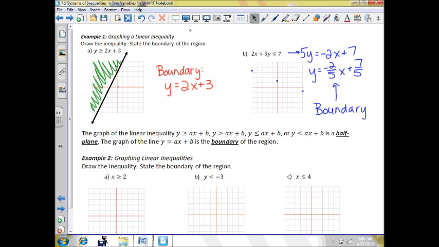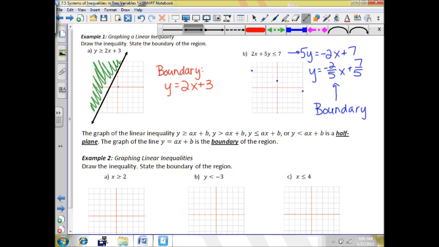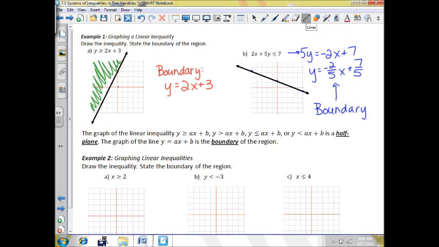Now again, this is less than or equal to, so it's going to be a solid line, not dotted. If you choose the point (0, 0), then you get 0 is less than or equal to 7. So the point (0, 0) is in your region, and you will shade below the line.